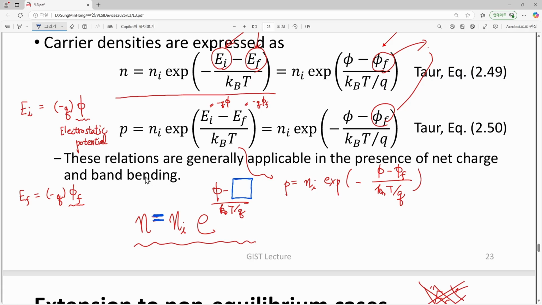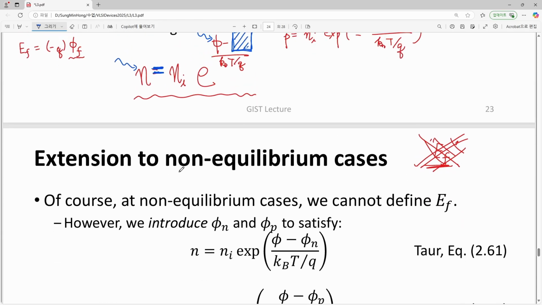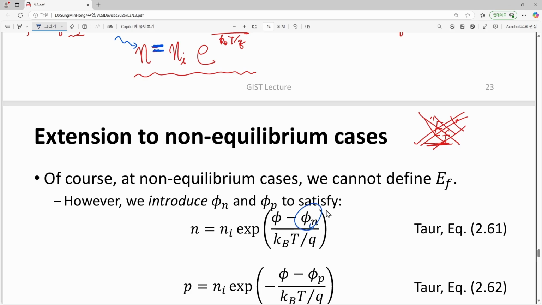If we define this generalized quantity, then we can still make this equality hold. It means that when we have the electron density and electrostatic potential, we just adjust this black box or blue box in order to make this equality. So this black box quantity is called the electron quasi-Fermi potential. So what is the difference from phi_f?